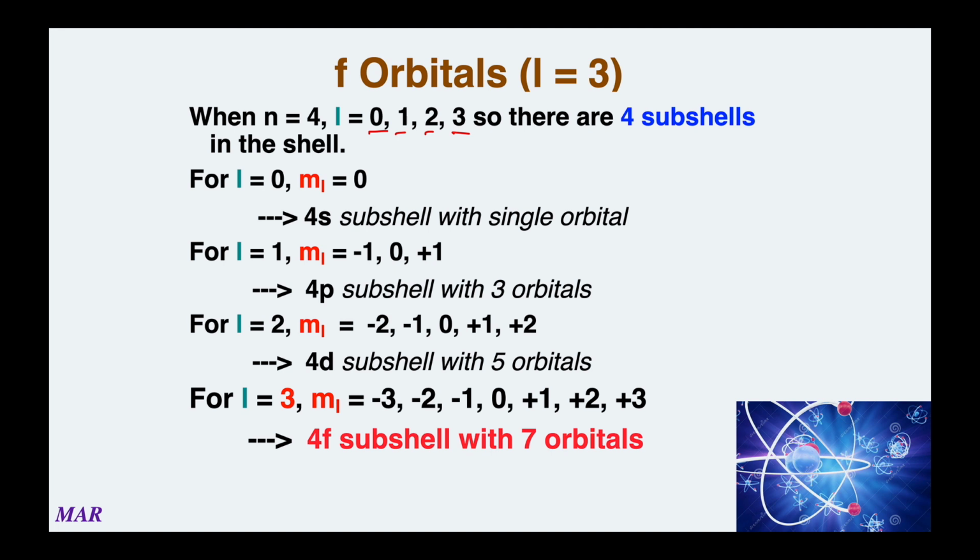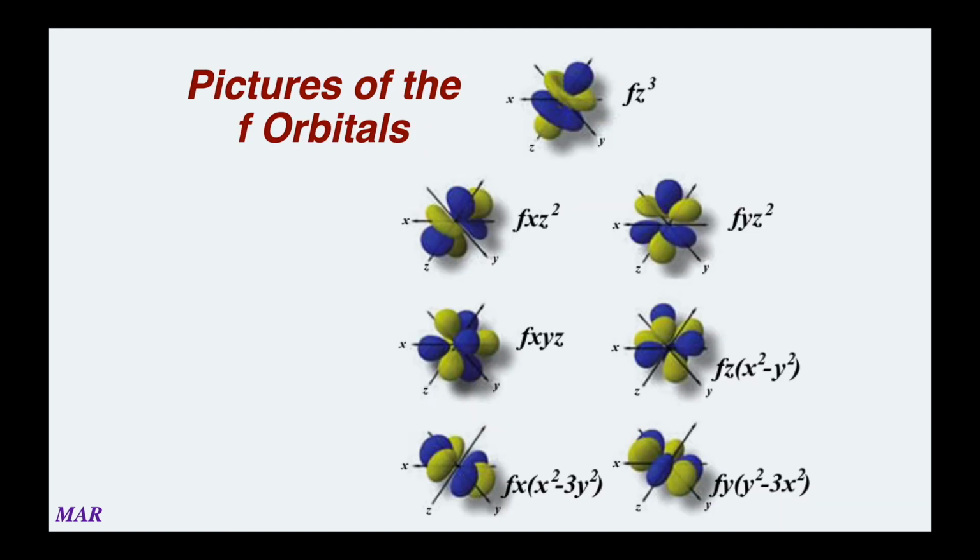Now, a lot of times they don't even show pictures of these, but I think it's kind of cool. These are the best pictures I could find of the different f orbitals, and they're pretty cool looking. Depending on the orbital, more or less there's like 1 of the p orbitals, there's 2 of the p orbitals.